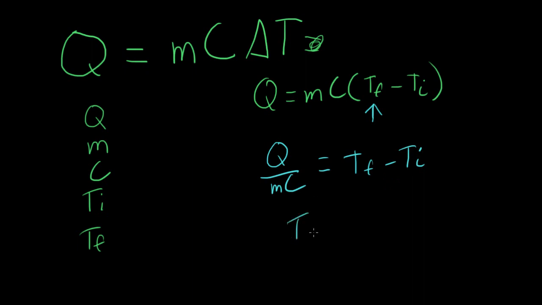So we'd have, I'll flip it around, TF equals Q over MC plus TI. That's how I'd rearrange it. That's one of the hardest ones. I guess solving for TI would maybe be a little bit harder, but you almost have it right here already. So this shouldn't be bad.